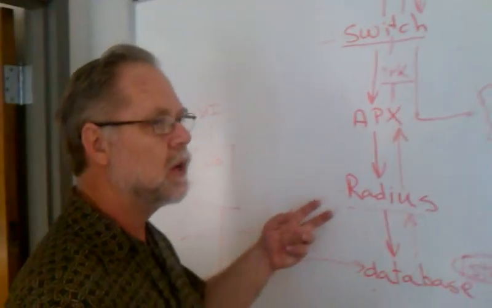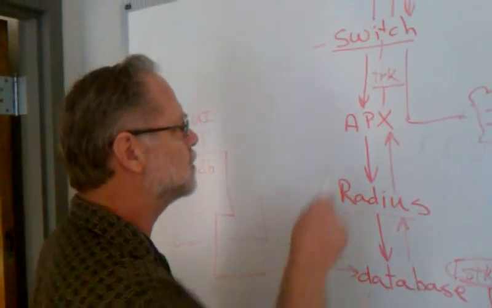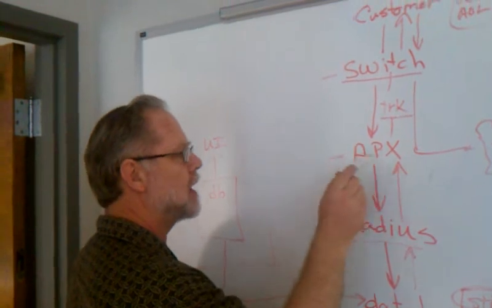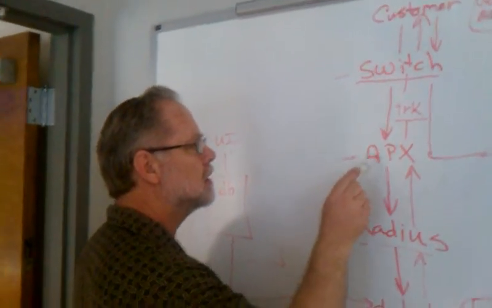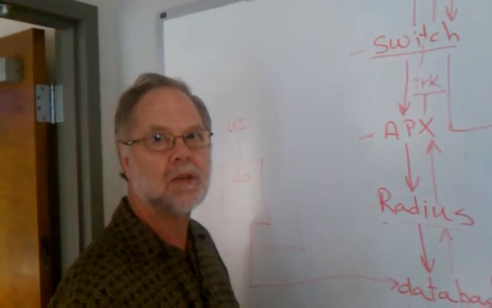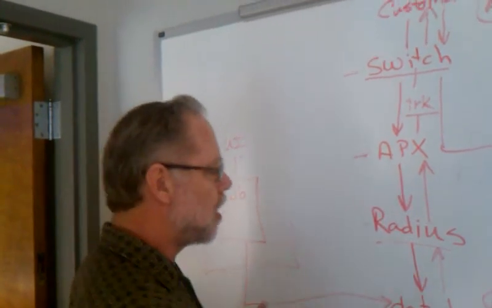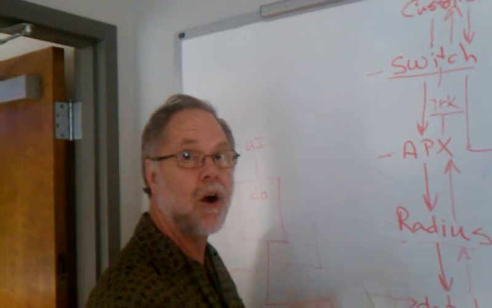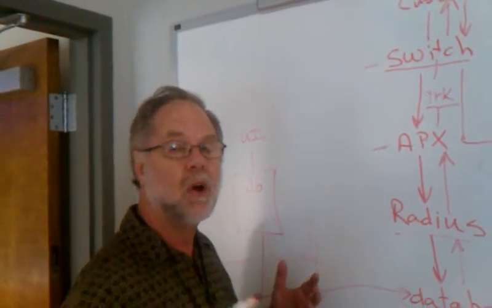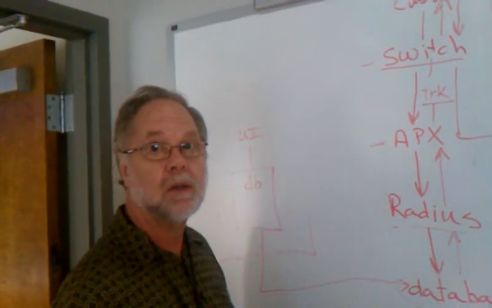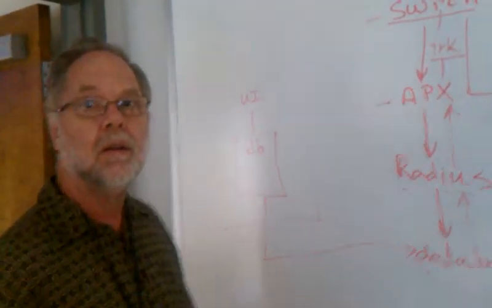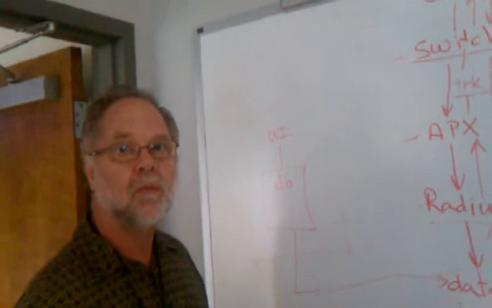The other one appears to be okay, but we've taken the Texas apexes and pointed them to the Los Angeles radius servers. All the radius servers, the databases in all sites, are mirrored, so we can point them anywhere we want. It's a matter of load distribution.